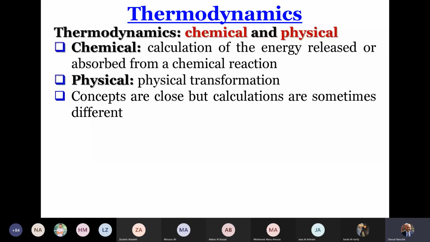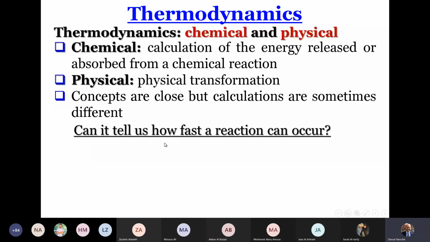So in any exercise, the first step is to know if the transformation is chemical, so we have to follow the rules to calculate the energy change for chemical, or if it's physical, you have to use the rules of the physical transformation.